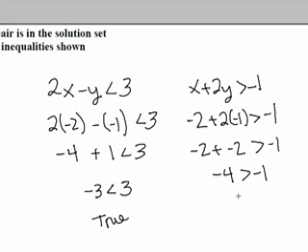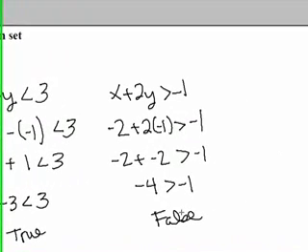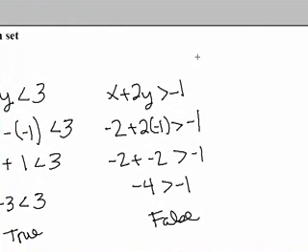Now, this statement is false. -4 is not greater than -1. So therefore, A is not a solution. You have to go through and determine which one is a solution. You know it's not A, so it's got to be B, C, or D. So you do the rest of it and figure it out. Watch out for your algebra.